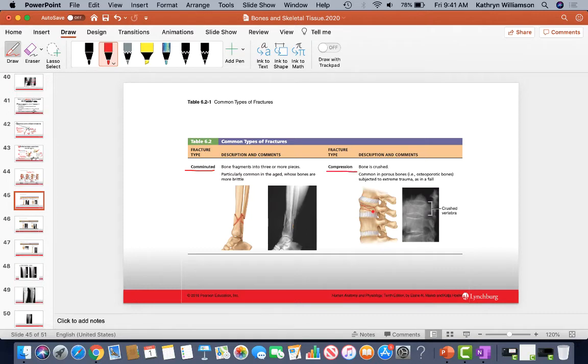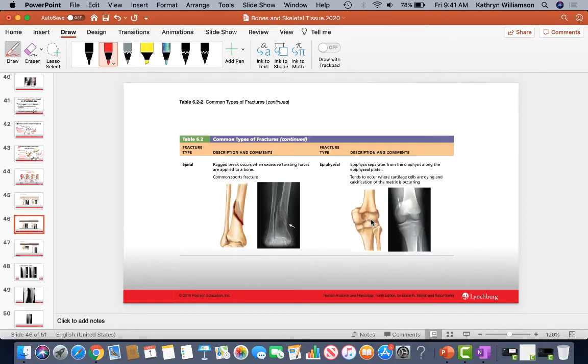Compression fractures basically happen when you have compressive stress on bones that cause them to break. So we see this like in the spine of older people with osteoporosis. Spiral fractures result when you have a twisting type injury. So you'll see this in sports injuries.